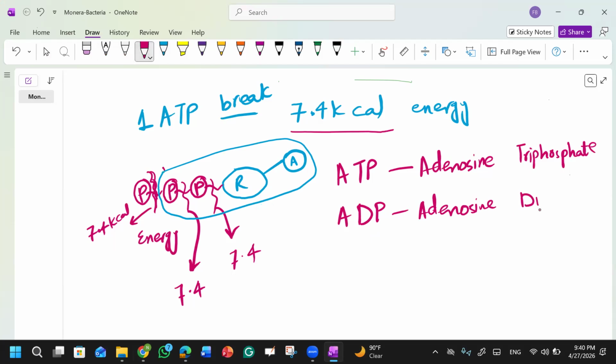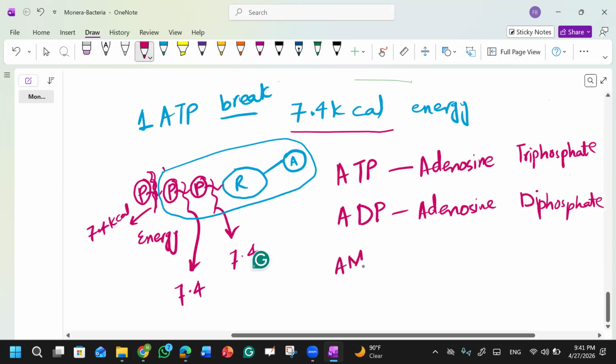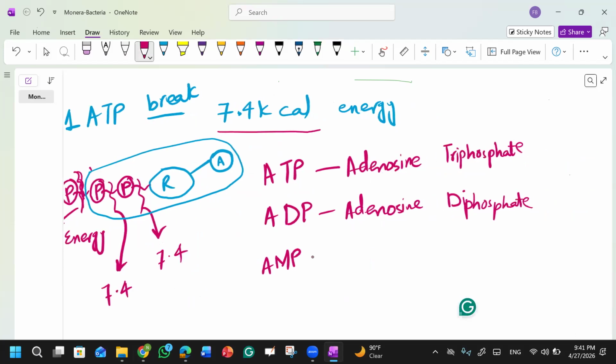That is why it is known as adenosine diphosphate. Okay, and if you remove one phosphate from this ADP, what will you get? Adenosine monophosphate.